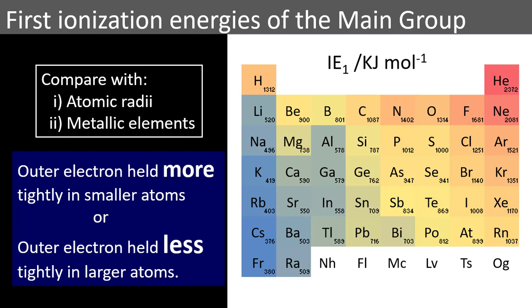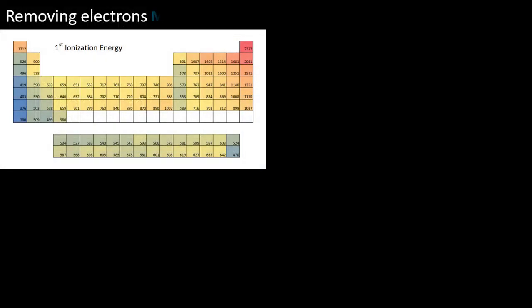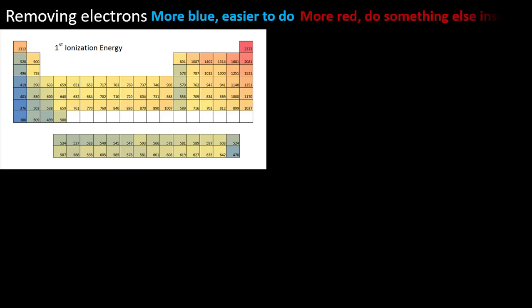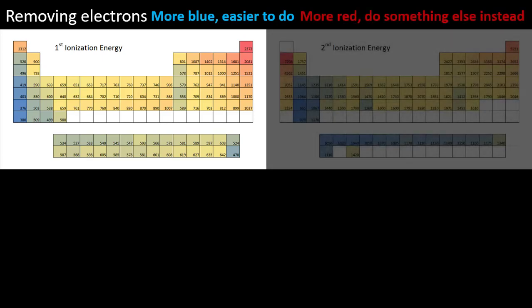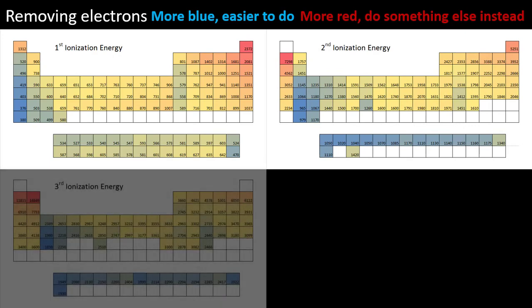Only elements where the outermost electrons are not bound to the atom too strongly are able to be metals. The plot is not exactly smooth. There is some texture here, and that plays out in the chemistry of these elements. But of course, it's not just the first ionization energy that is important. We may need to consider the value of the second ionization energy, or the third, or beyond.